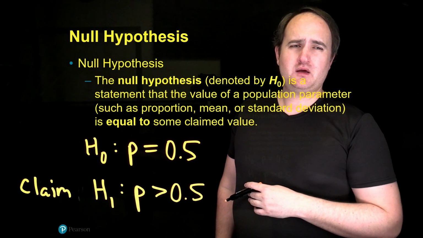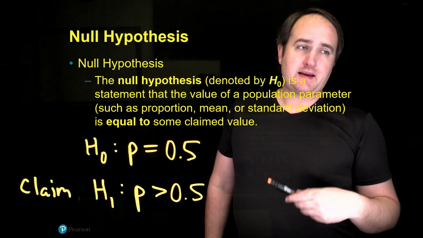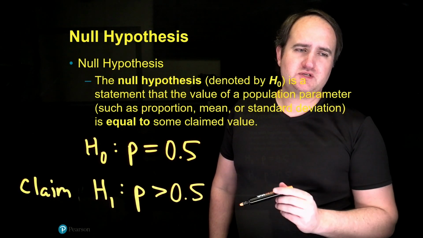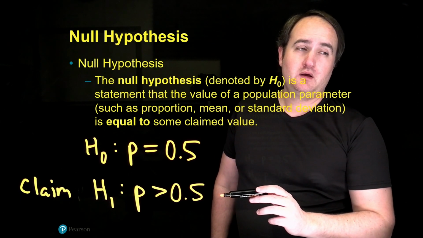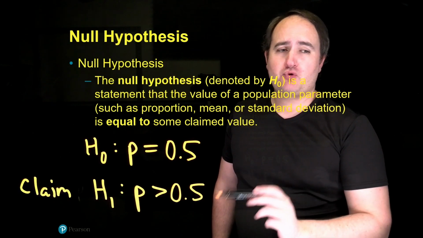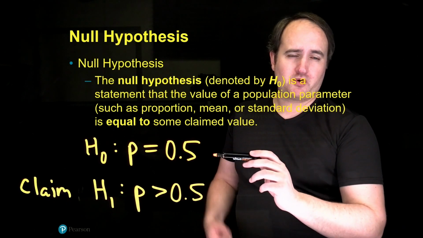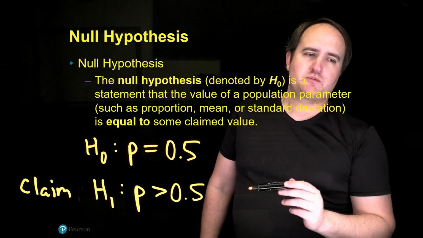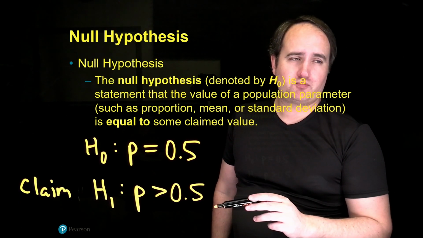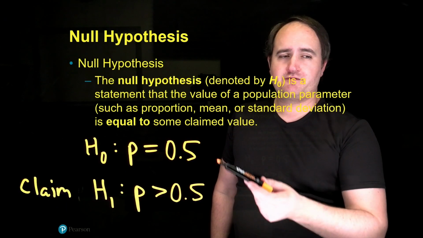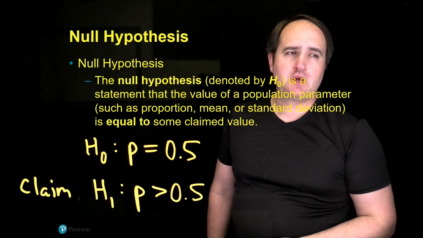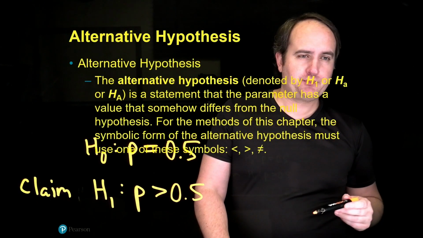Okay? Now the idea with a hypothesis test is you're testing to see if the evidence that you have either supports your claim or if there isn't enough evidence to support your claim. So you either support your claim or you don't support your claim, which means you default to the null hypothesis. So we're going to learn more about that in a bit.